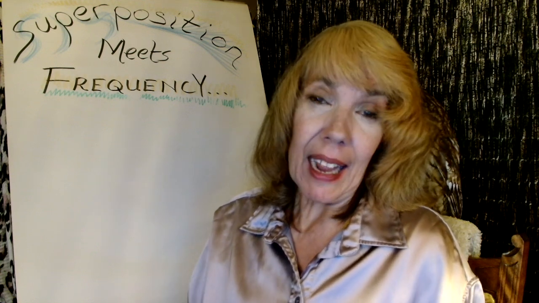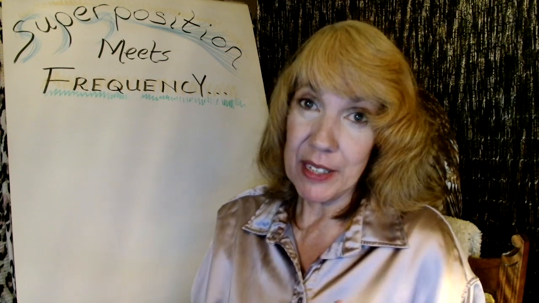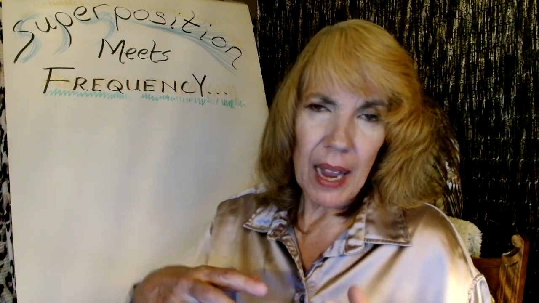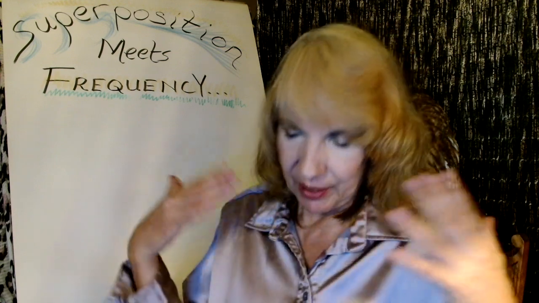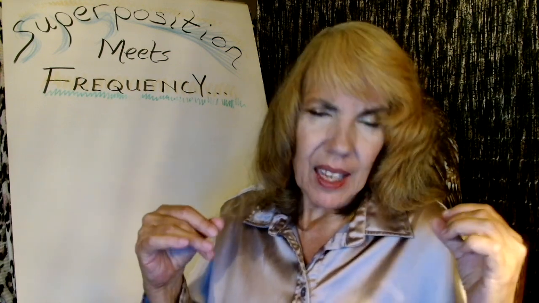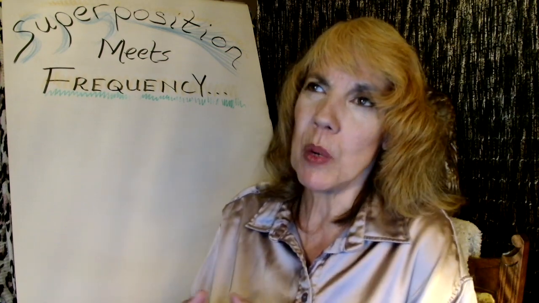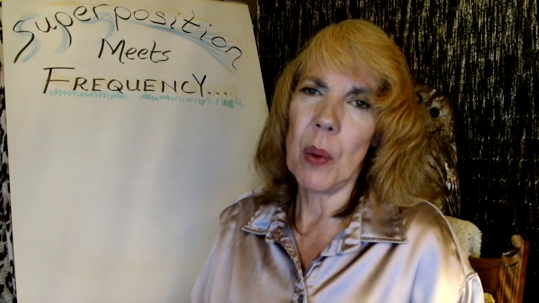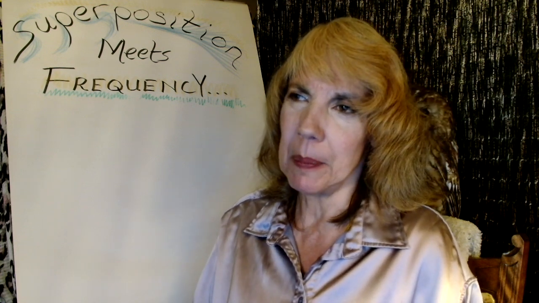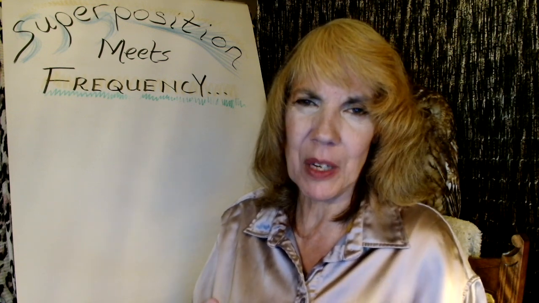Now we can look at how that relates to our world and what we do. Because our frequency on the cellular level is very important to the way in which we exist. The way we live our lives is guided by the frequency that we find ourselves on.